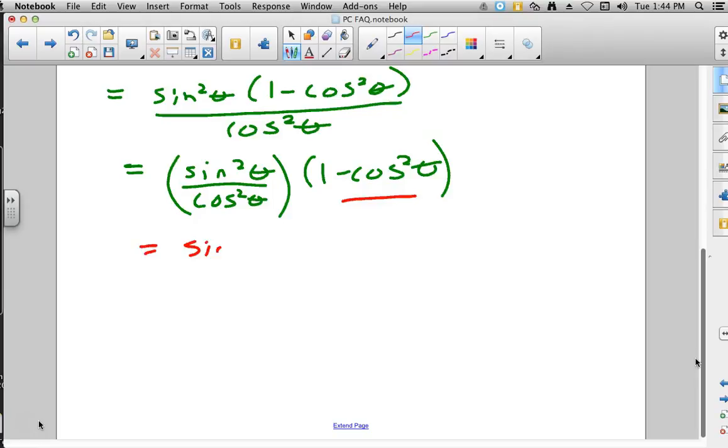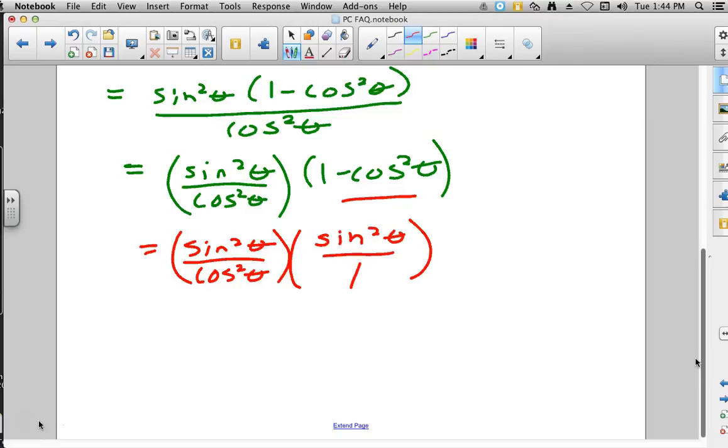So we have sine squared theta over cosine squared theta times sine squared theta over 1. And now this is tangent squared theta, and anybody who knows anything about trig can see that, sine over cosine, tangent squared theta.